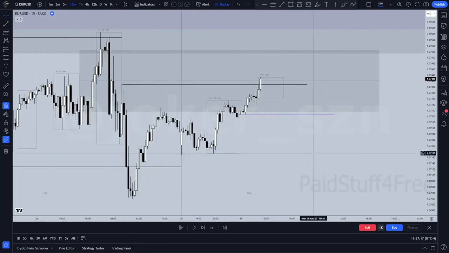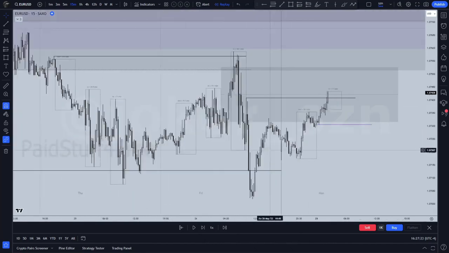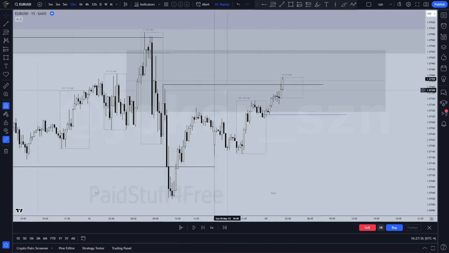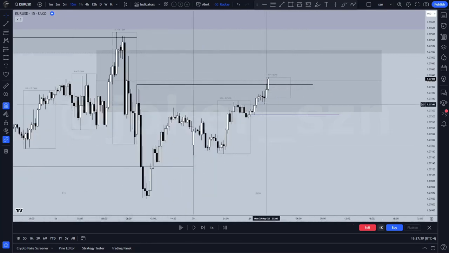And now a potential narrative for this trade, we could use a market maker model, a lower time frame market maker model inside this daily bearish order flow, right? We have taken buy side right here, we have taken buy side of this short-term high here again, and now we have a potential M15 market maker model here, right? So we want to see now the smart money reversal to happen here above this high, right at this 0.5 level of this bearish order block on the H1.